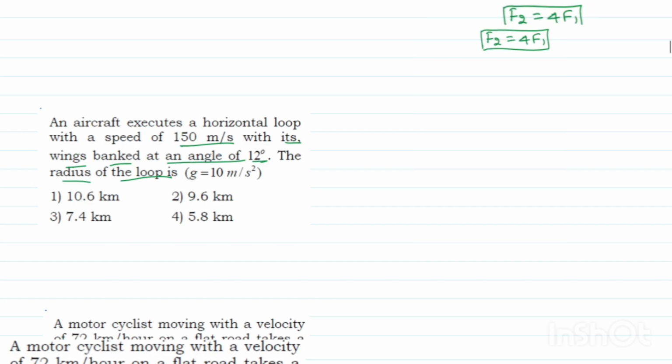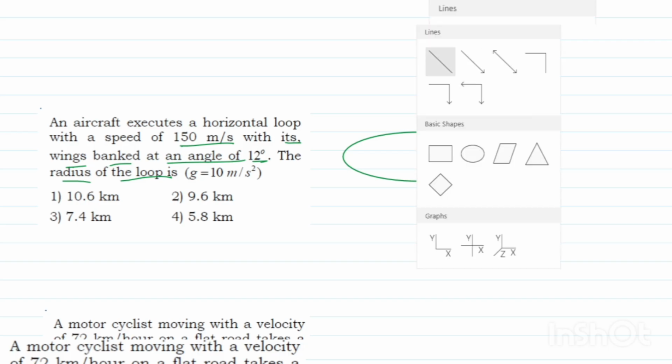Here an aircraft is going to be making a horizontal loop. Suppose here you are taking an aircraft, and this is the horizontal. So it's making an angle of 12 degrees, it's given, and at this point the aircraft is making a turn.